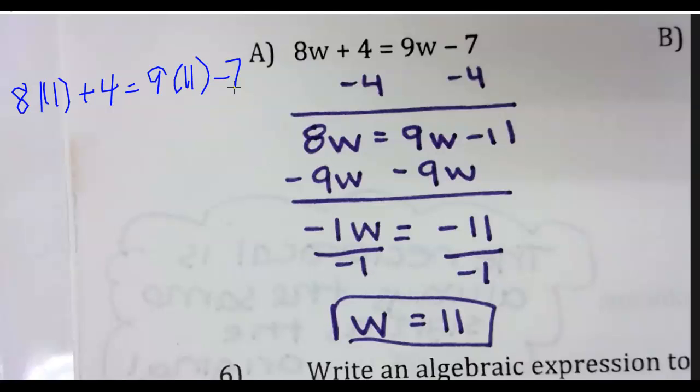So 8 times 11 is 88. 88 plus 4 is 92. 9 times 11 is 99. 99 minus 7 is 92. So since both sides equal 92, we know that our value is correct. Go ahead and try example B.